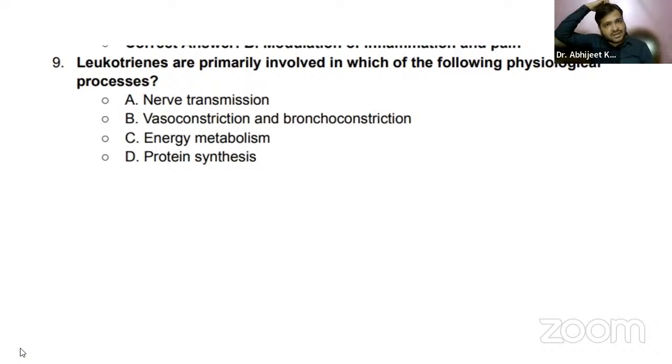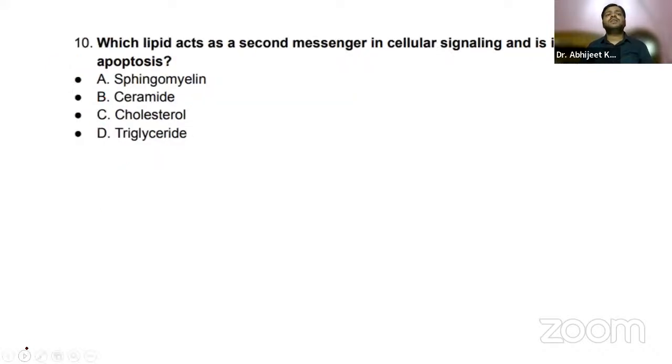Yes, Manvi. It is vasoconstriction and bronchoconstriction. Which lipid acts as a secondary messenger in cellular signaling and is involved in apoptosis also? This I think you know. Yes, obviously, Manvi, very good.